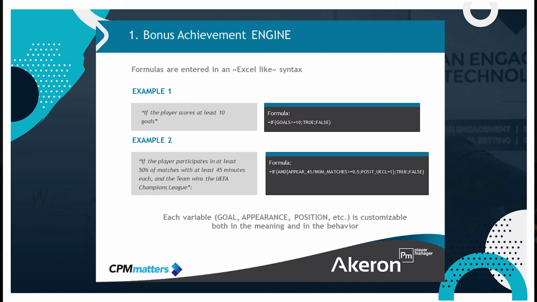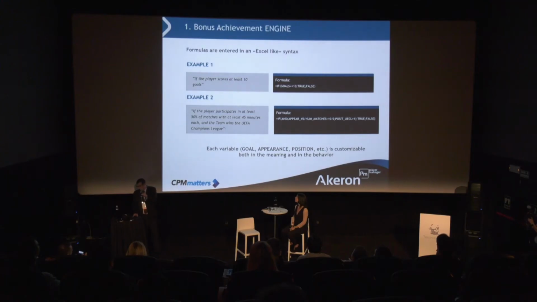So we have a mix of individual and collective variables. The formula would be: if and, appearances 45 divided by number of matches greater or equal to 0.5, and position UEFA Champions League equals 1, then true, otherwise false.